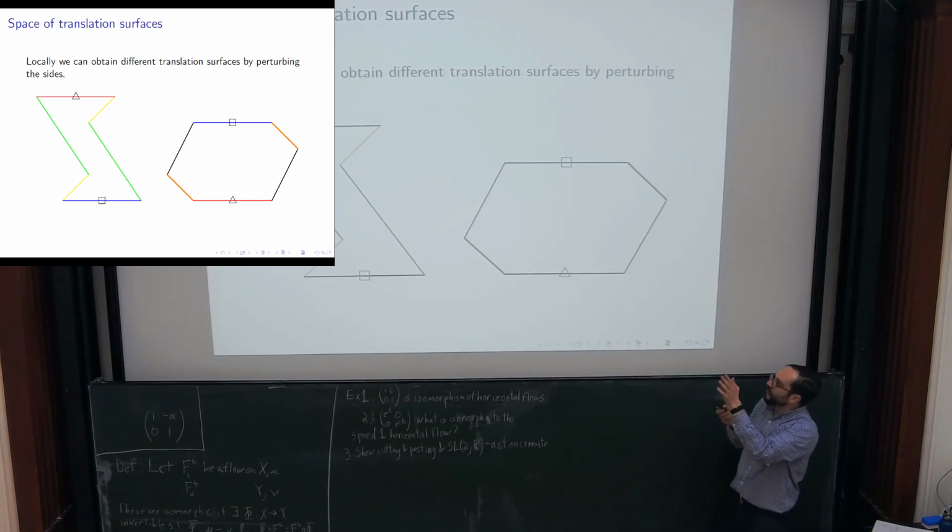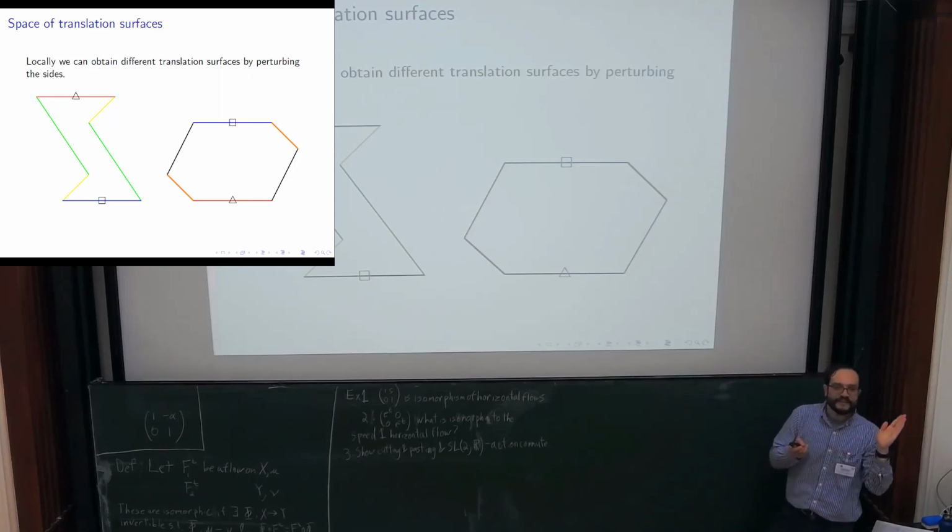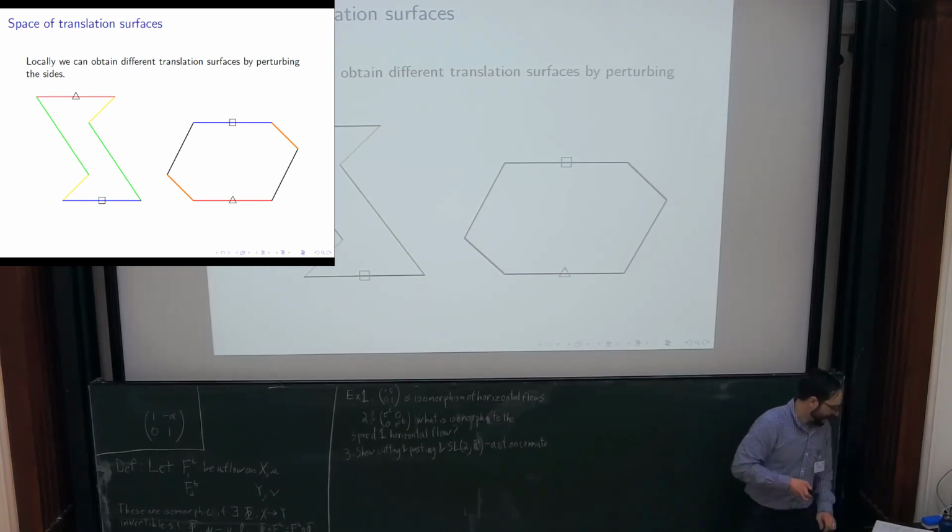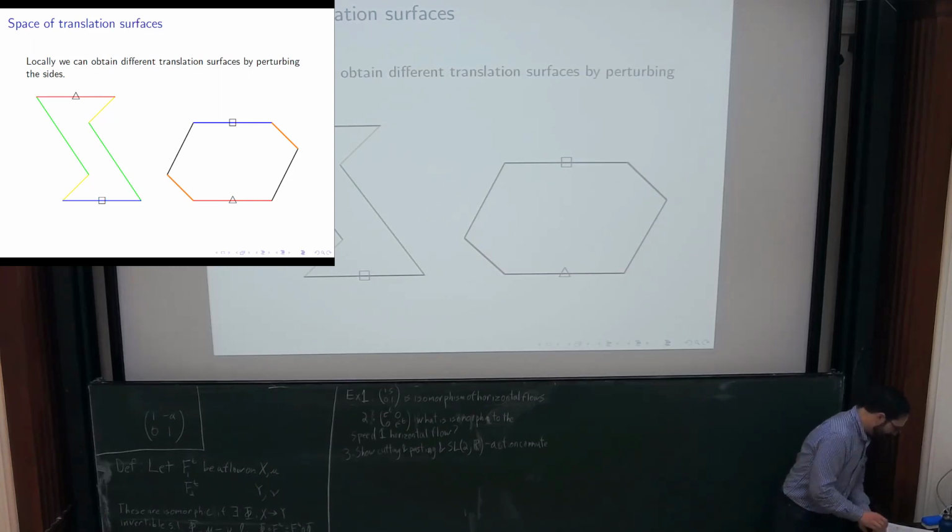Similarly, this matrix gives you an action on projective space, and it'll send the flows in one direction to a flow in a different direction, possibly at a different speed, because it might stretch or contract that line. And this is the space of translation surfaces.